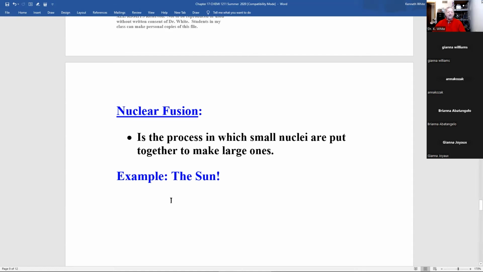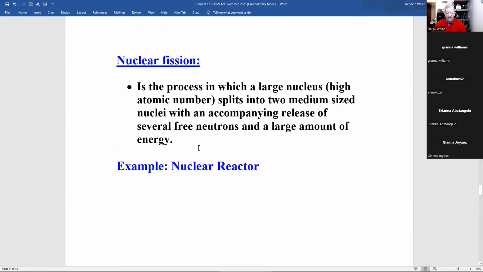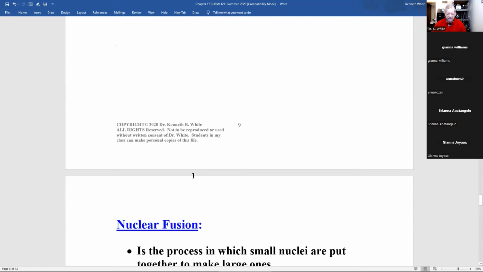Now, how do you remember the differences and the examples? Well, the way I did is fusion, U is like the sun. Think of fusion, sun; fission, the other one, nuclear reactors. And you should know both of these.